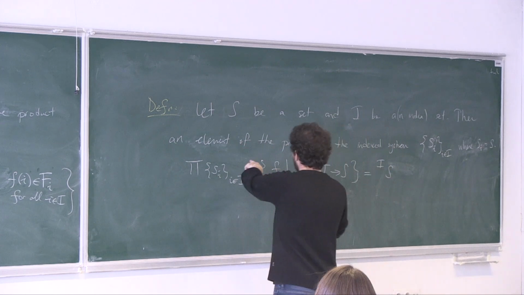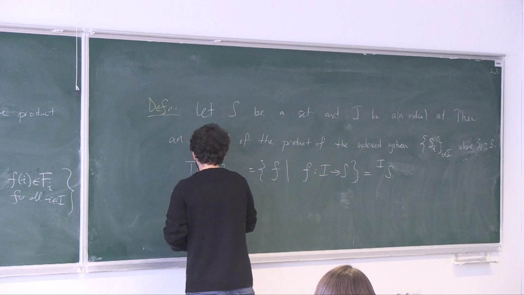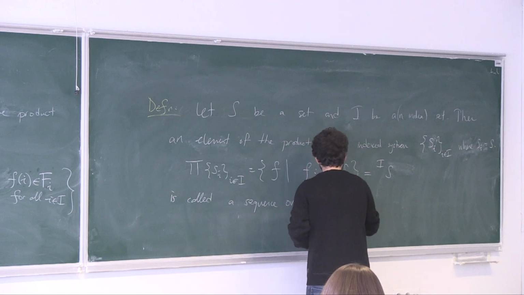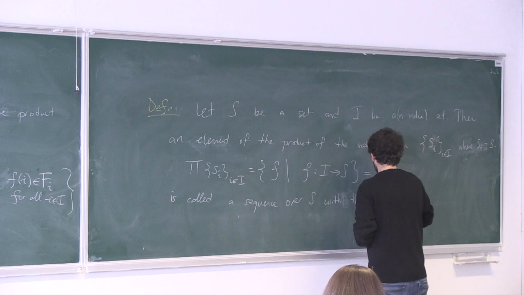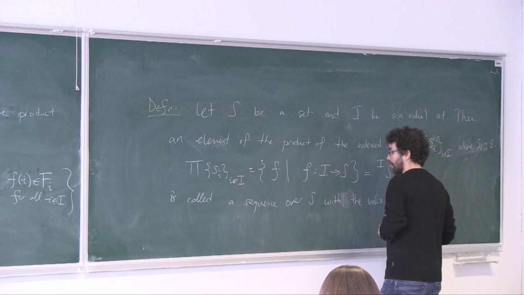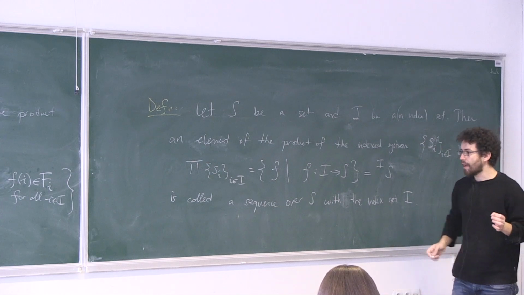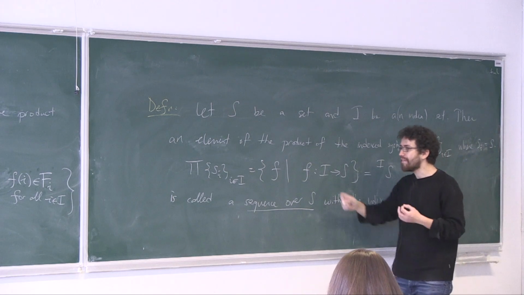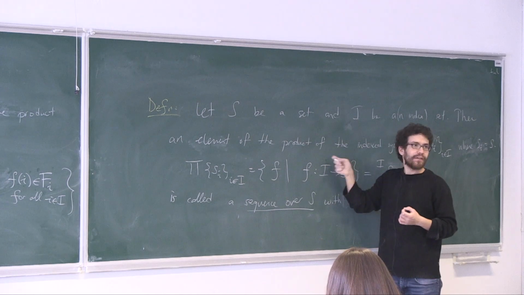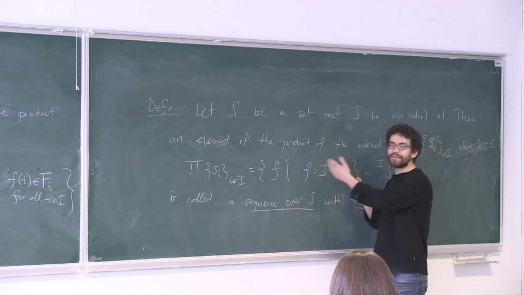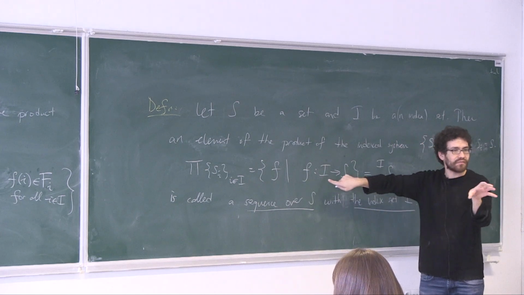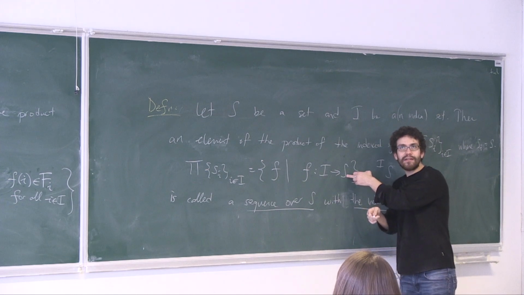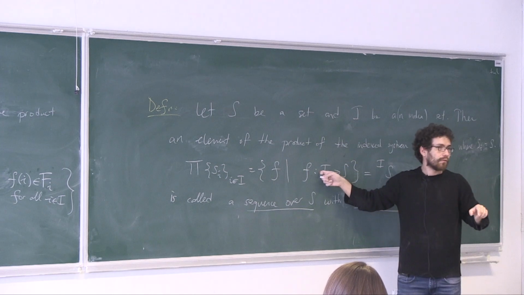An element of the product of the index sets is called a sequence over S with the index set I. Sorry, I, not R. So when someone talks about a sequence over S with the index set I, he or she talks about a function from I to S. And we think of these functions as representing sequences where the entries of my sequence are elements of S, and the entries are labeled by I.